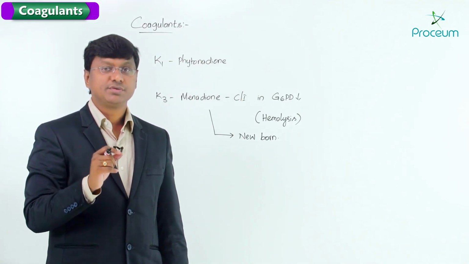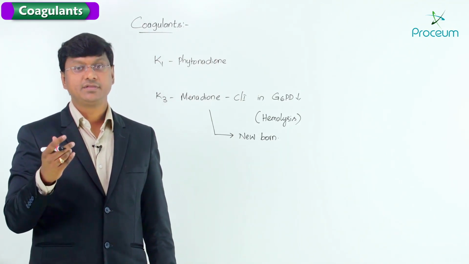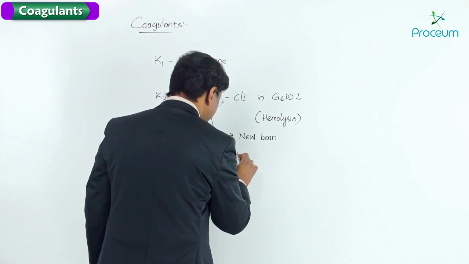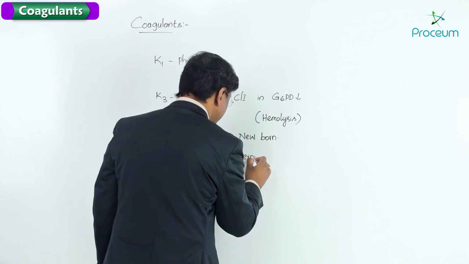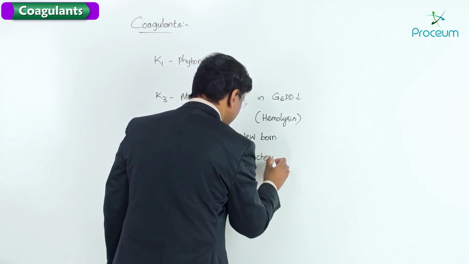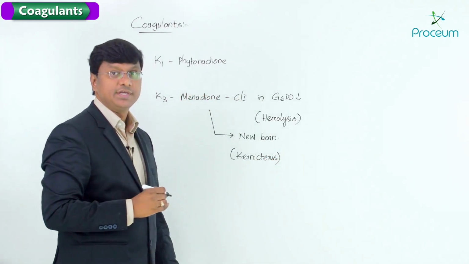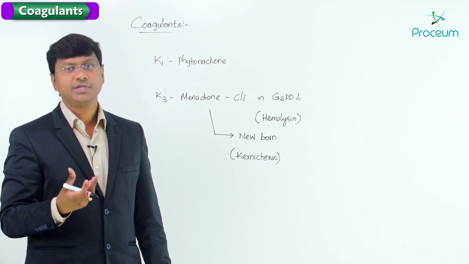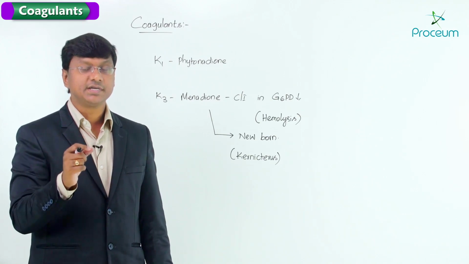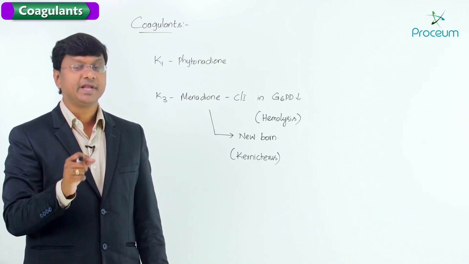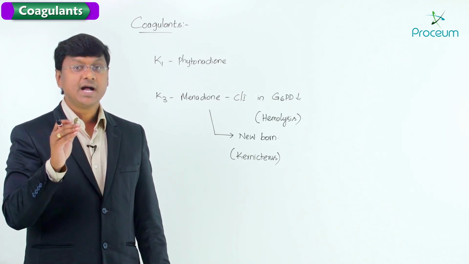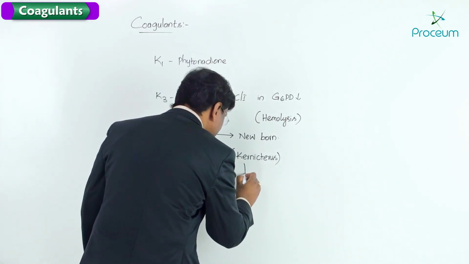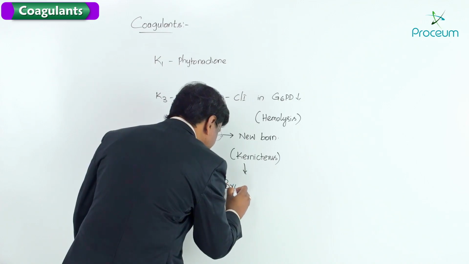In newborn, it is associated with more chances of kernicterus. Now, first of all, you need to understand what is kernicterus. Kernicterus is a type of brain damage that can result from high levels of bilirubin in the baby's blood. So kernicterus is a brain damage.